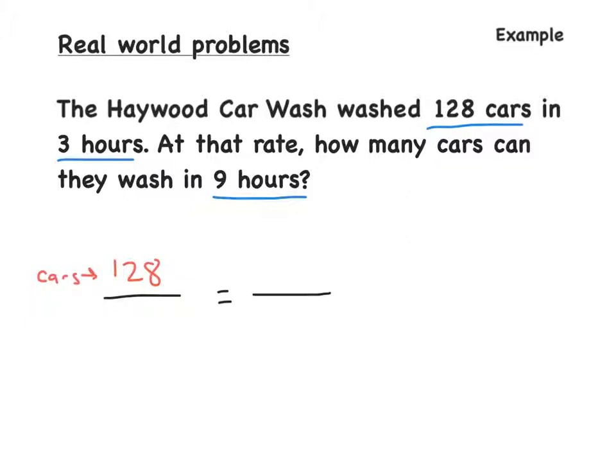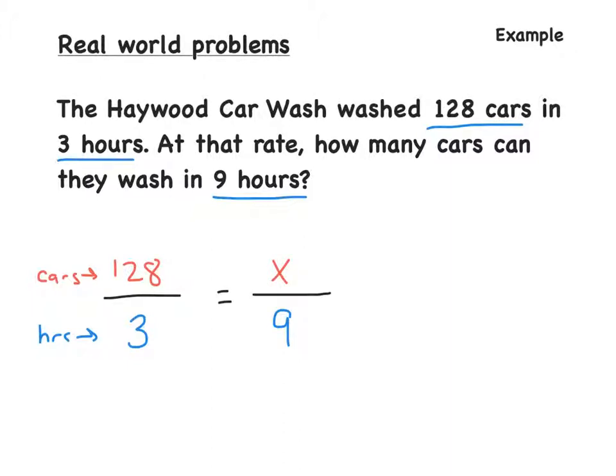In the denominator, I'm just going to put the hours. So, with 128 cars, you can do that in 3 hours. So now we are trying to find how many cars can they do in 9 hours. So since the hours are on the bottom, the 9 goes in the bottom as well, in the denominator as well. So we are trying to solve for x.